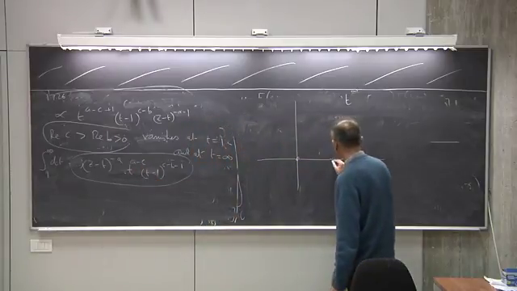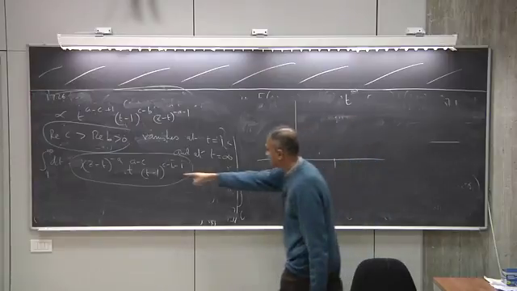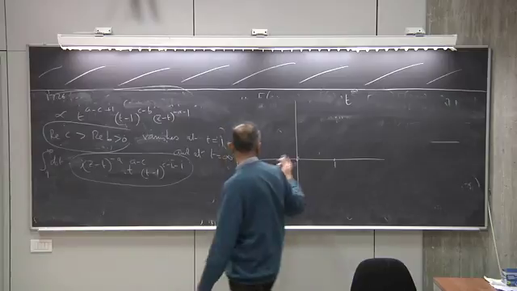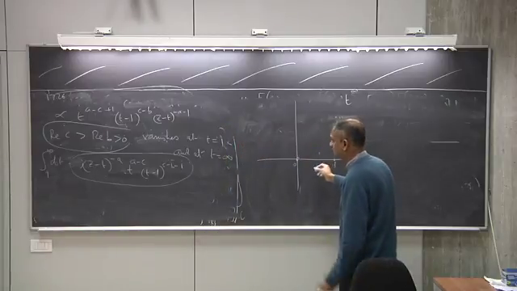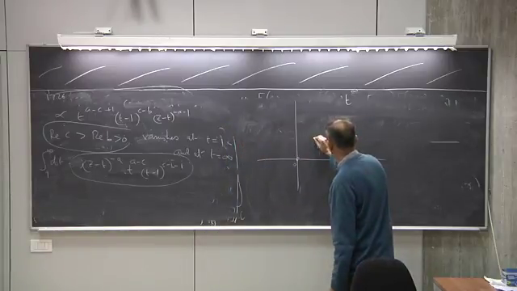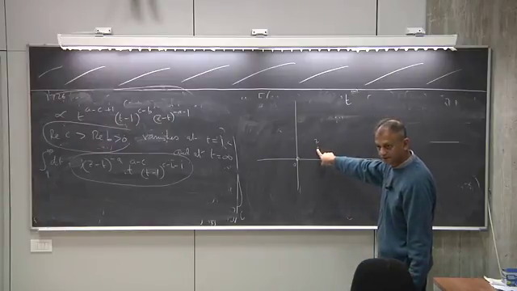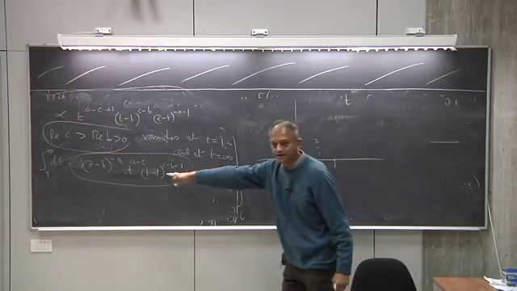Then there is t equal to 1, so here is t equal to 1, this is 0, and t equal to z. Z could be somewhere here, whatever it is; there is a branch cut here, and z is something fixed as far as this integral is concerned.